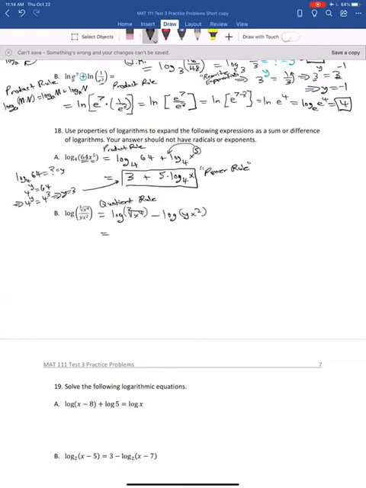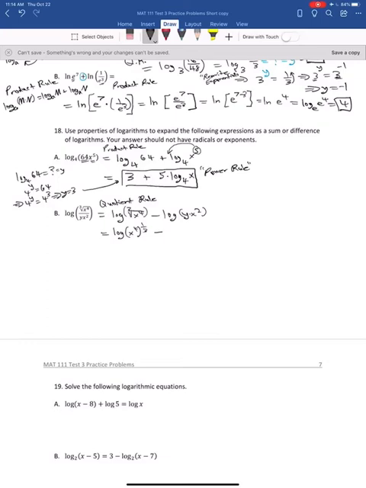Remember, no radicals, so let's get rid of that cube root. The cube root of x to the 4th power is x to the 4th raised to the 1/3 power. Radicals are rational powers: square root is 1/2, cube root is 1/3, 4th root is 1/4. So we'll convert that over to an exponent, and that way I can use the power rule in my next step.